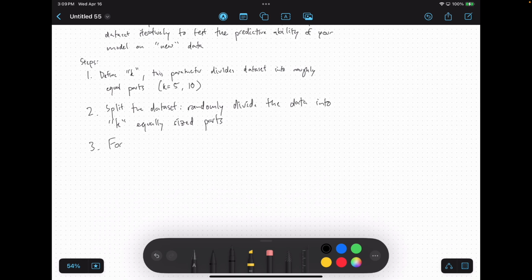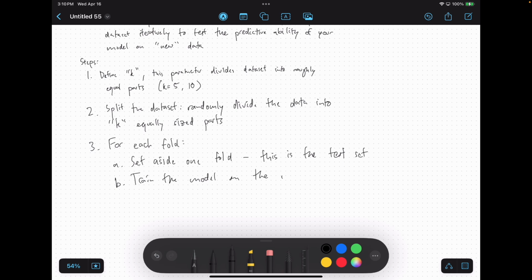And then for each fold, I will, A, set aside one fold. So this is the test set. B, train the model on the remaining data. C, validate the model using the test set.